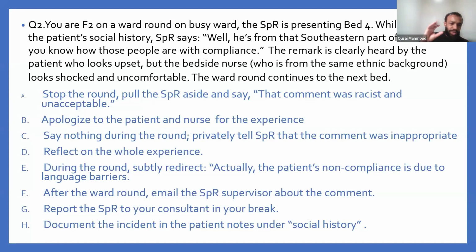So I tried to keep E. It's not an ideal answer, I agree, but it is the least harmful, because when you are showing the examiner, I understand why A, B, D, F, and H can never be an option. That's why I'm going for it. It will give you a full mark. So E is not an ideal answer, it's an assumption, but it's a harmless assumption. It's not going to harm anyone.